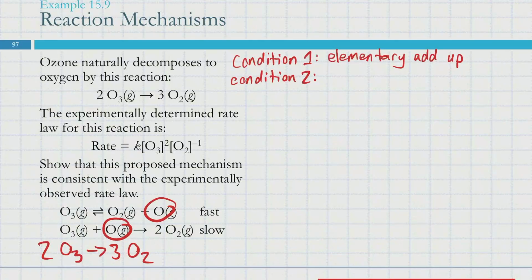So that's perfect. Step 1 checks out. Step 2, reaction mechanism for elementary steps consistent with overall reaction, or something like that.